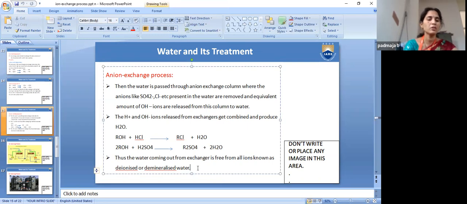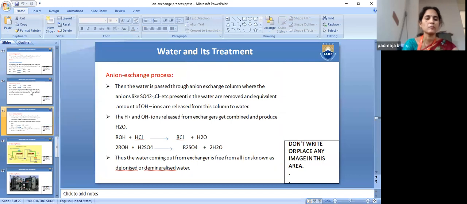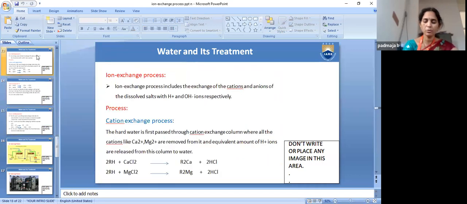Demineralized water. So this is the ion exchange process, that is exchanging of cations with the H+ ions of the cation exchange resin, and exchanging of anions present in the water with the OH- ions present in the anion exchange resin. So students, now you know the process.